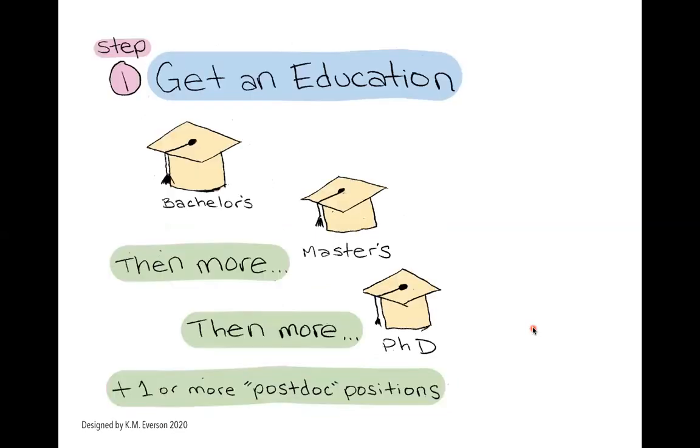So step one, you get an education, right? So you get a bachelor's. You can certainly publish with a bachelor's. You can work in a lab as a technician, but more and more is requiring to get a master's or even a PhD, or even a PhD plus at least one postdoc position after that, to really get your chops in the whole scientific arena.